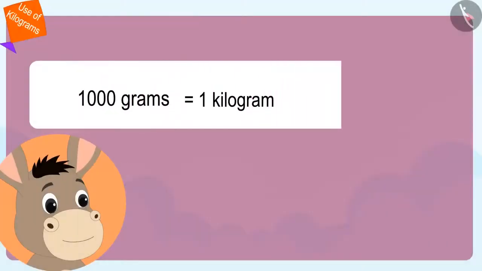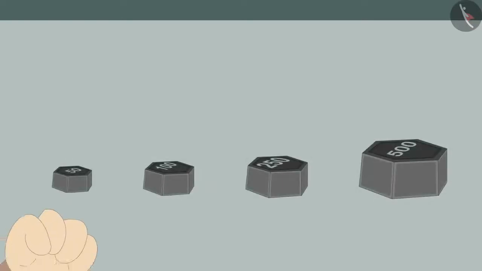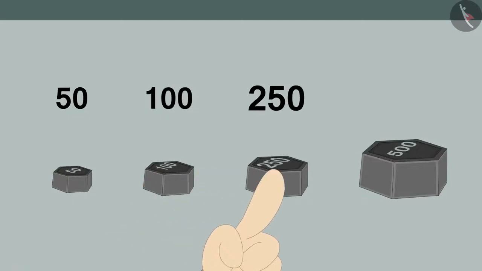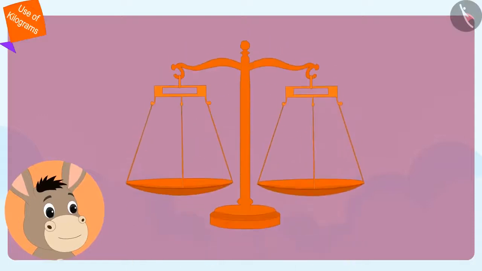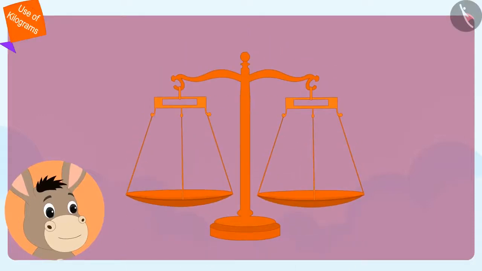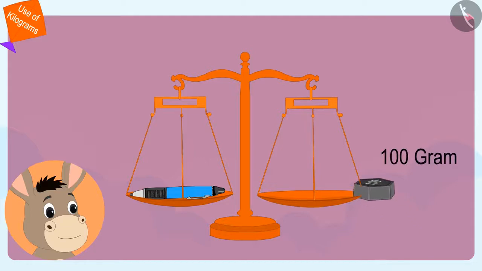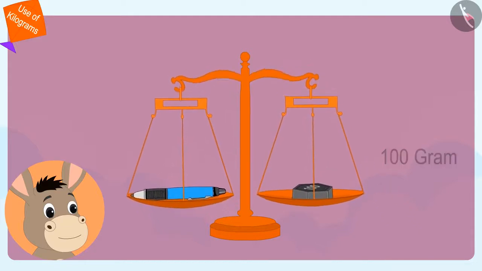1 kilogram is equal to 1000 grams. Bhola showed Appu such 50, 100, 250 and 500 grams weights. Then he took the scales from Appu and placed a pen on one side of the scale and 100 grams weights on the other side.